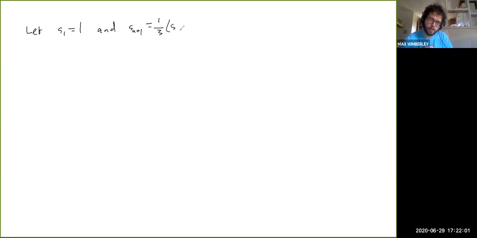S(n+1) equals 1/3 Sn plus 1. It's a little bit weird looking. So the sequence would be 1, and then 2/3, and then you'd get 5/3, so 5/9, I believe.